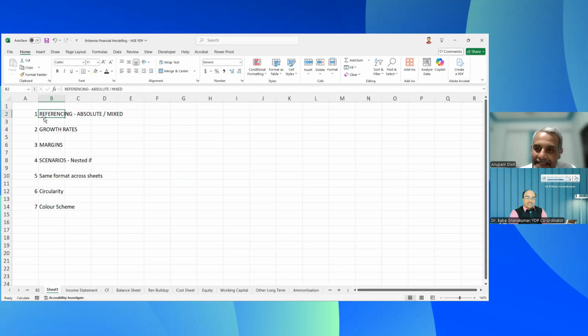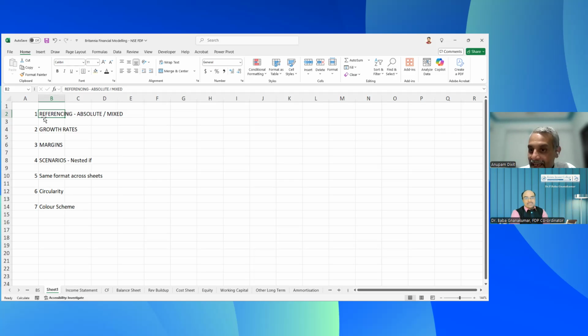By referencing, I mean if values are already somewhere in the sheet, we need a link to them rather than entering those values. So if last year's sales was 1,000 crore and we are looking at next year's sales growing at 10%, we will use that 1,000 crore cell rather than typing 1,000 crore and then inputting 1,000 plus 10%, right?